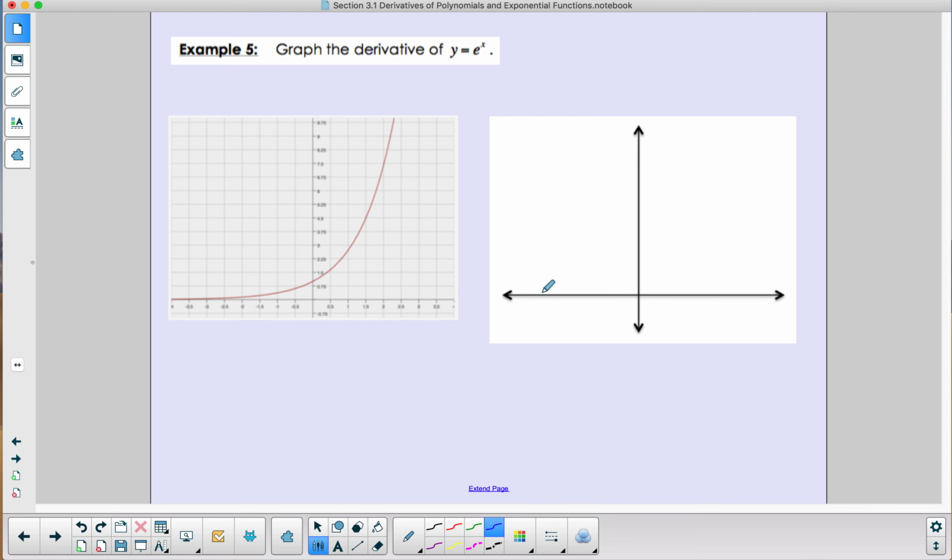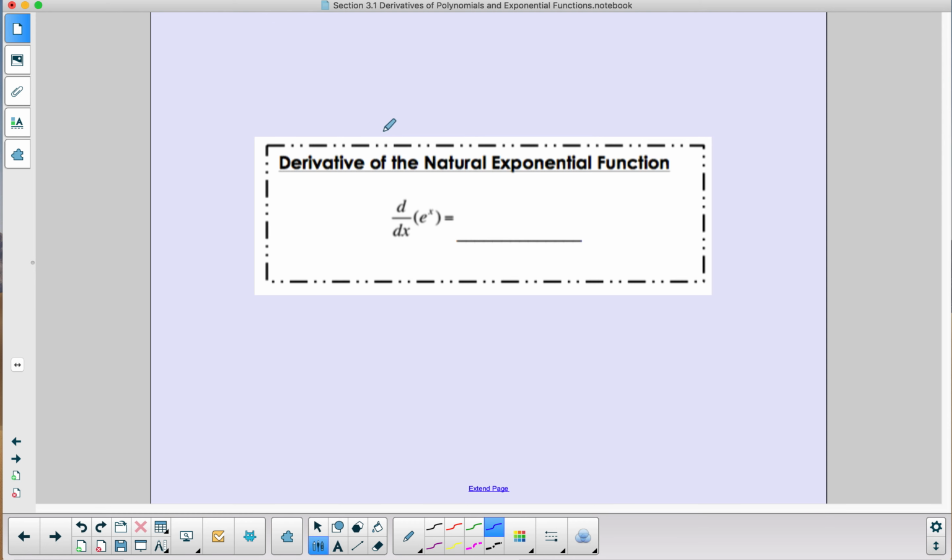It'll get really close but never touch, but they should be the same, because the derivative of e to the x is e to the x. So the derivative of our natural exponential function, e to the x, is e to the x. It's like your favorite derivative.